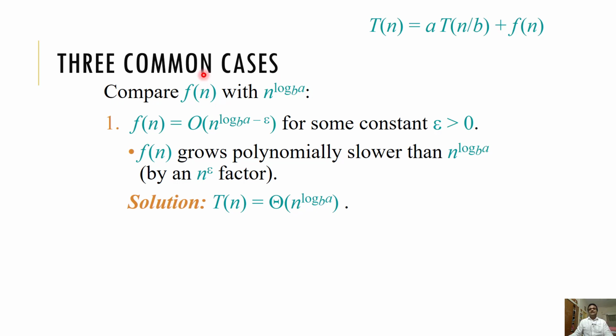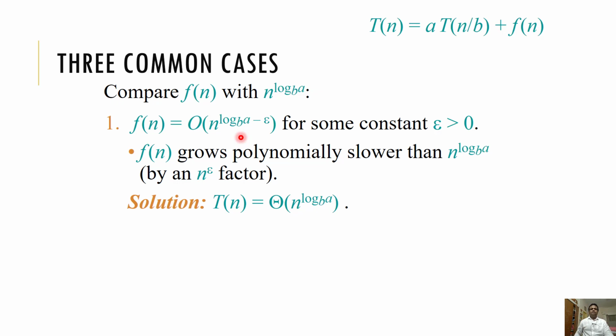Case 1 is when f of n is slower, that is, this is less than this. Case 2 is when these two are equal, and we will discuss this in a proper way. So there are three cases: one is less, one is where these two are equal, and the third one is greater.